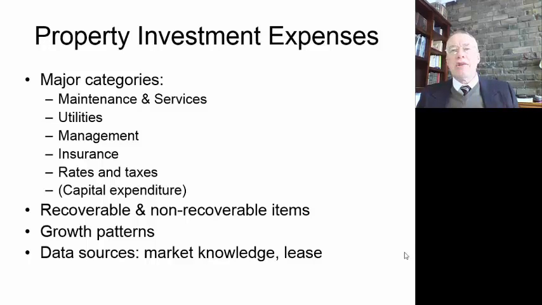Now the complexity that you go on to with those comes partly from experience, partly from talking to people, partly from whatever experience you've been able to pick up along the way. There are general rules or norms that give you an idea of about how much your local government rates are going to be and that sort of thing.